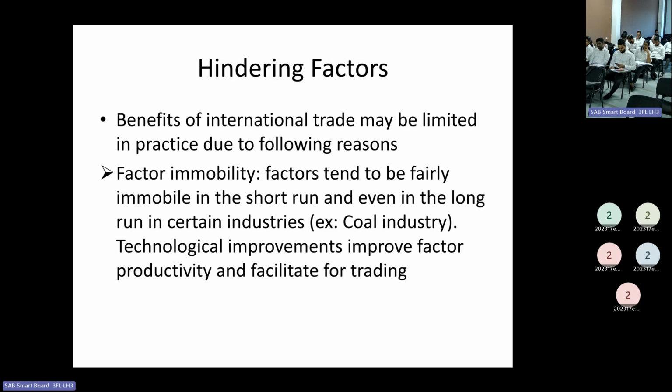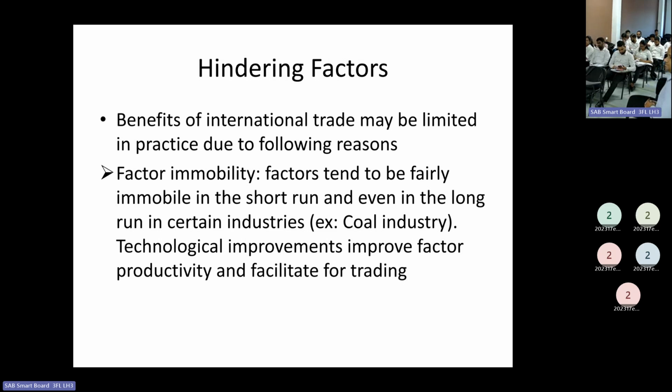We can also take into account technological improvements, which improve factor productivity. That is another aspect, and it facilitates trade as well.